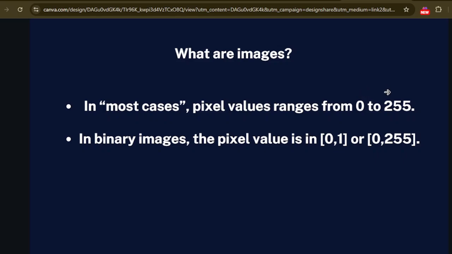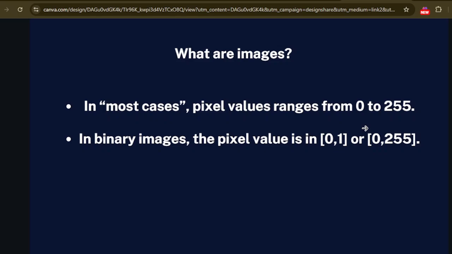It cannot be 2.5. It can either be 2 or 3, an integer value. But in the case of binary images, the pixel value is either 0 or 1. Now 0 means a black pixel, 1 means a white pixel. Or we can also represent it as 0 or 255, where 0 means a black pixel and 255 means a white pixel. Basically, it's the same thing, just a different way of representation.